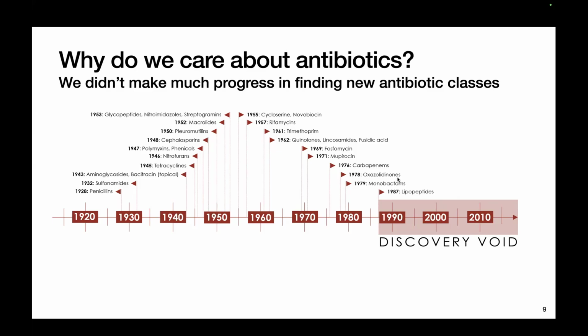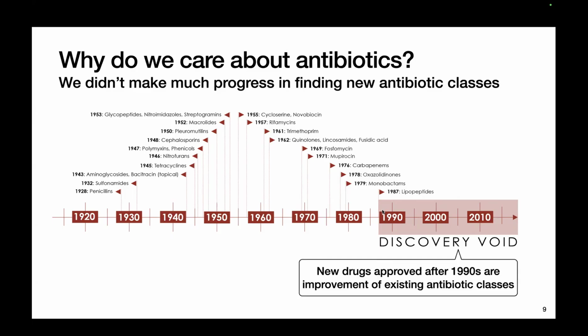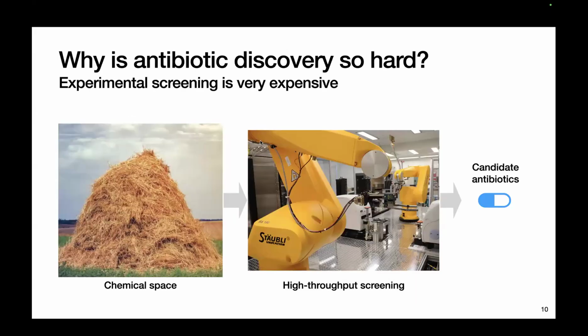But once these low-hanging fruits are picked, you start to struggle in finding novel antibiotic classes that are different from existing antibiotics. There are some improvements of antibiotics in these categories that have been approved, but the bacteria are developing resistance to these very quickly.